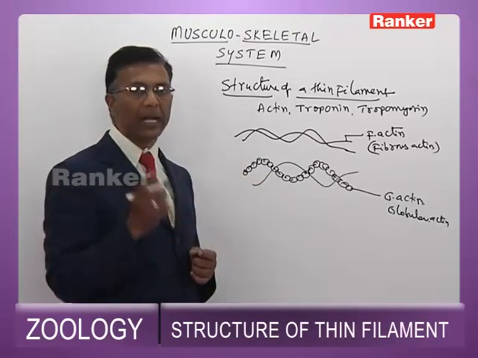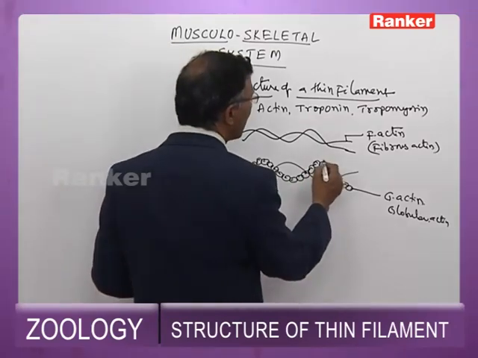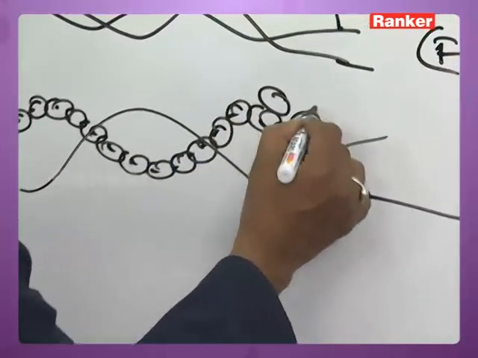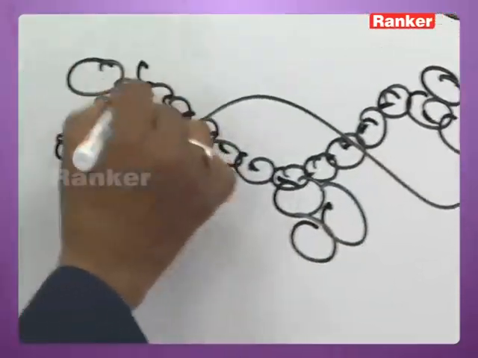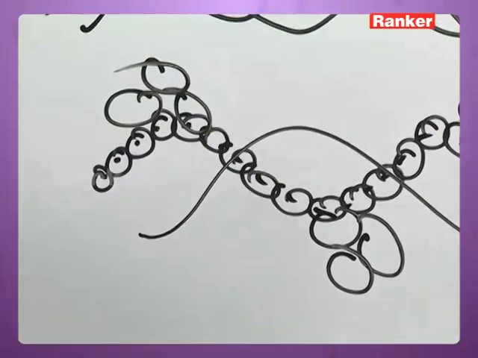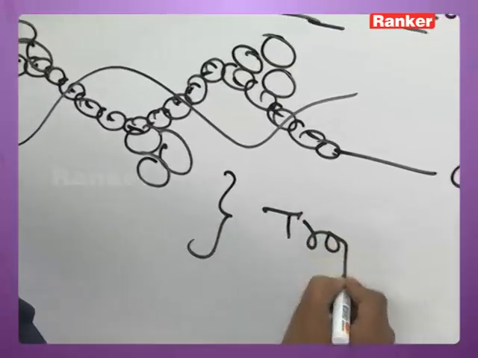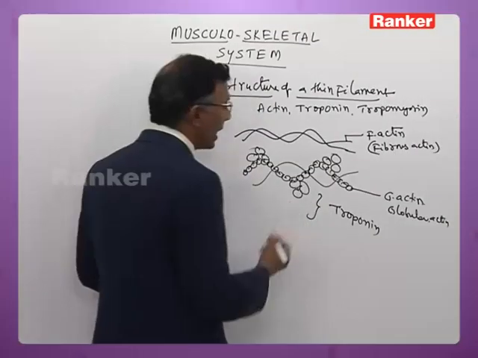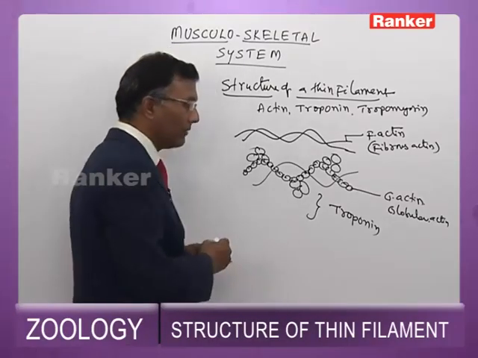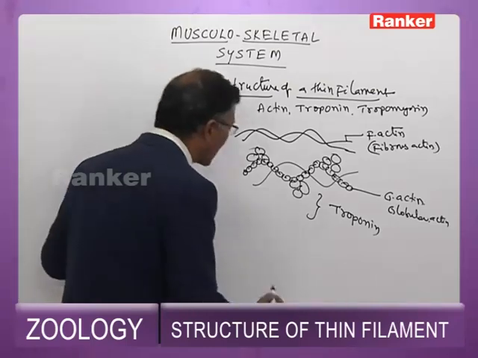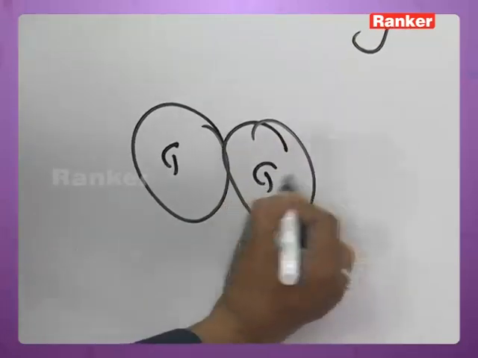Each G-actin has a binding site for the myosin head. Then this F-actin at certain places is associated with a trimolecular protein like this. This trimolecular protein is called troponin. And what are the subunits of troponin? I shall give you the magnified structure here. Look at this, all of you. Dear students, assume that this is a G-actin.